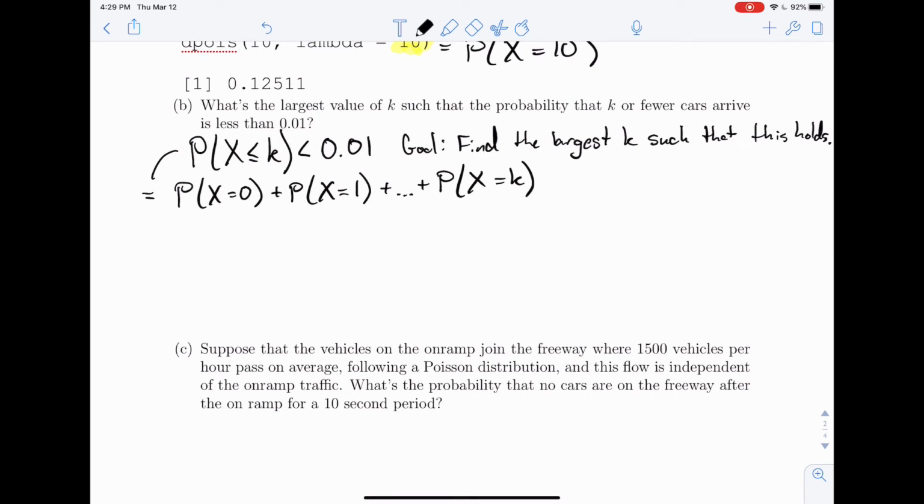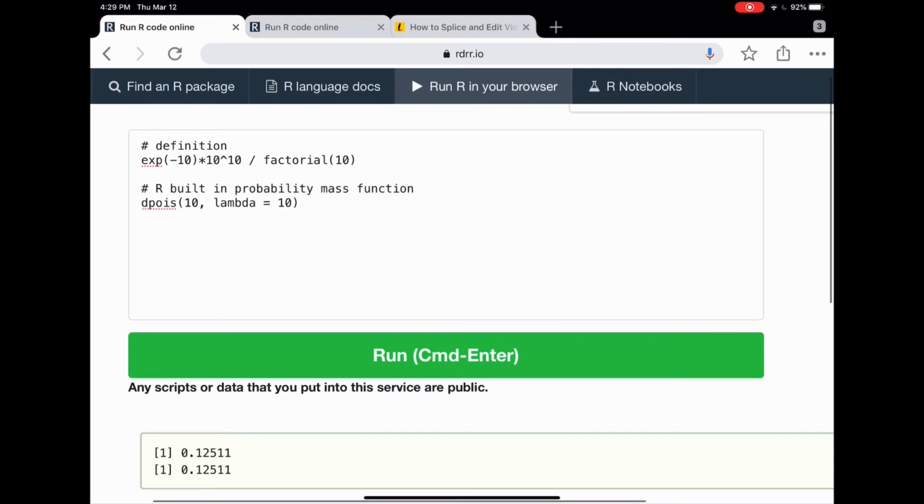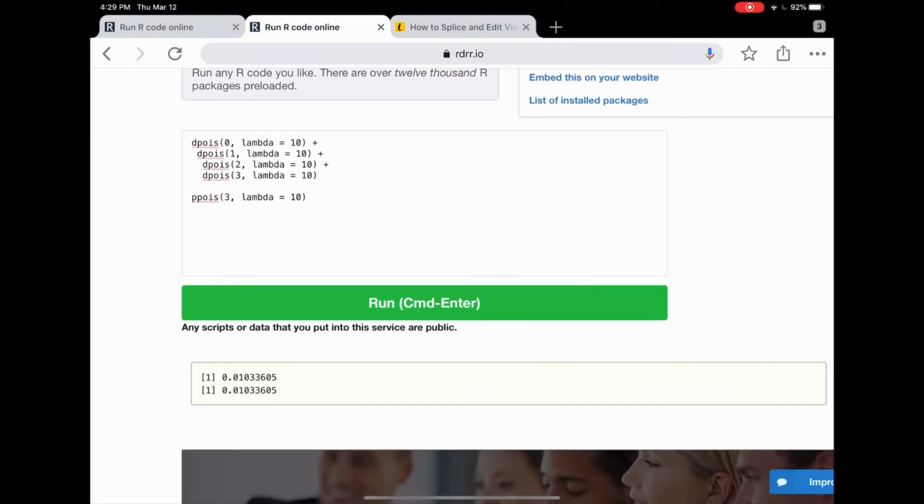So one way to do this, again, using rdrr.io snippets, I can run this.